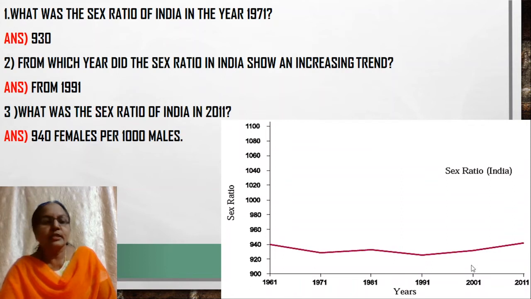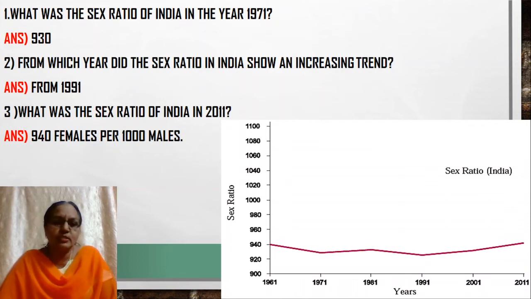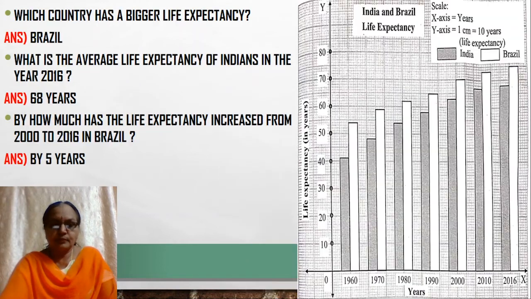Did you understand? Here, I've given you only 3 questions. There are many which can be asked in the same way. So here I've taken only the sex ratio of India. In your textbook, we have even Brazil. So this way, you'll have to be very careful when you go through your graph, and it is very scoring.